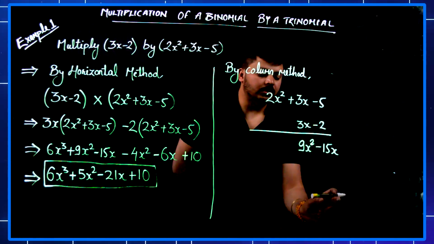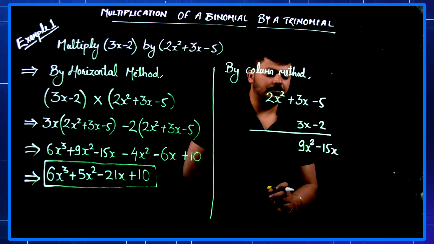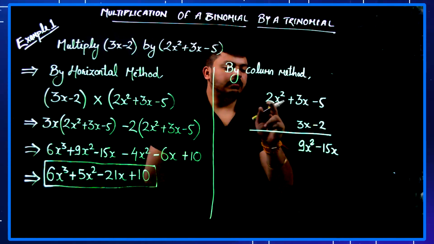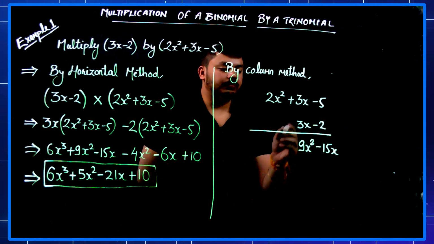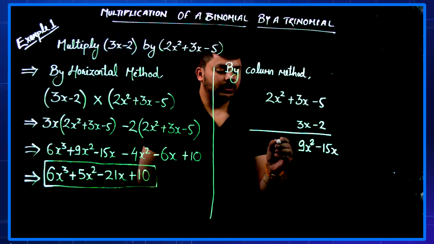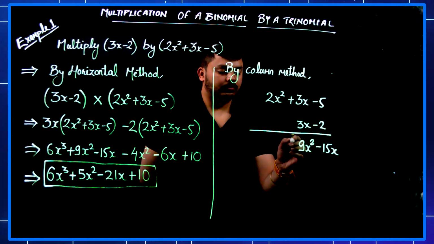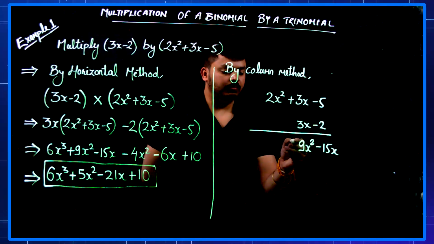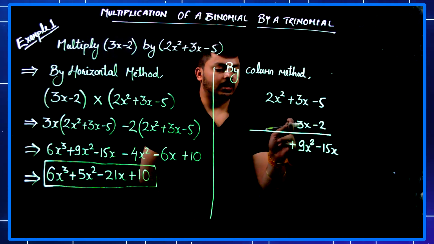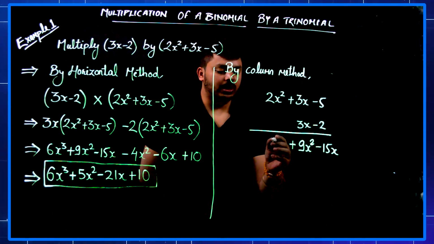So same terms to be written in the same column. So 3x multiplied by plus 2x square gives 6x cube.